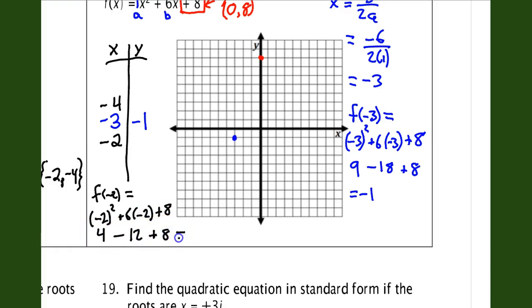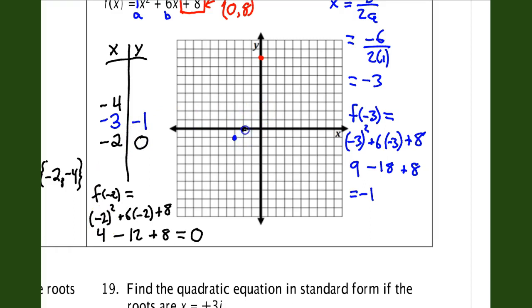So you can see that this equals 0. And that's how you know graphically that this is one of the answers, the fact that it equals 0. So negative 2 comma 0. Oh sorry, we found out that negative 2 is the answer. There we go, got ahead of myself.